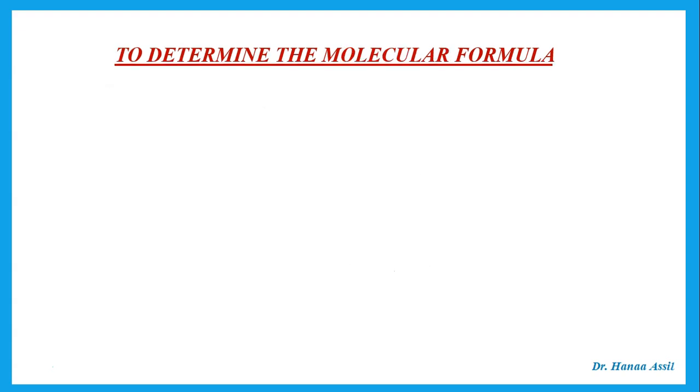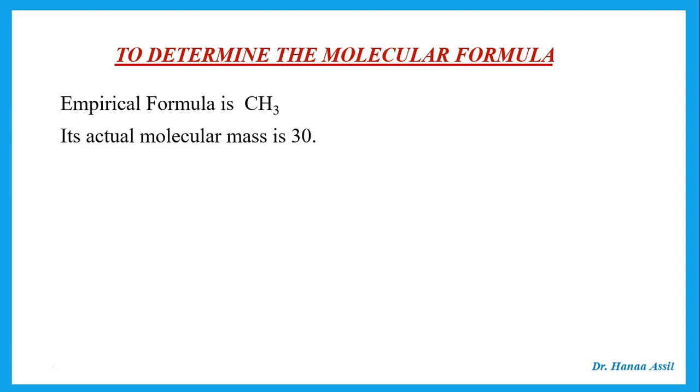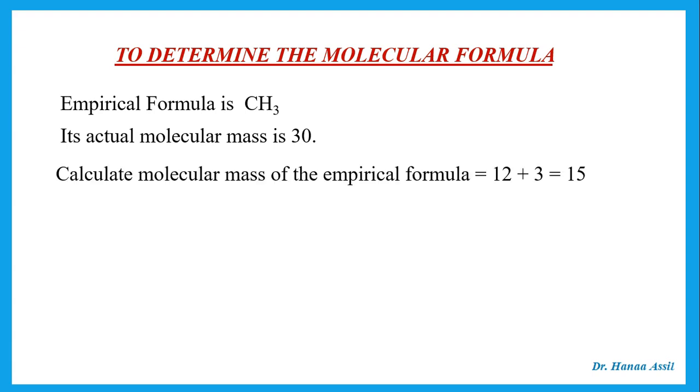Now, if we're required to determine the molecular formula, we will be given the molecular mass. So let us say that the question says we got the empirical formula is CH3, but the question says that the MR of that compound, or the molecular mass of that compound, is 30. So what is the molecular formula? Well, we determine the molecular mass of the formula we got. So the empirical formula is CH3, so its MR is 12 plus 3, that's 15.